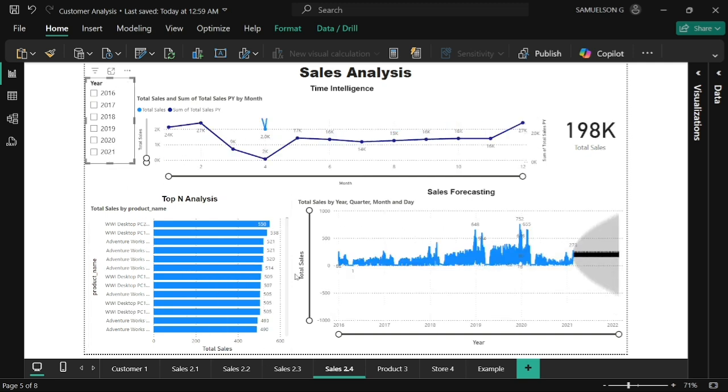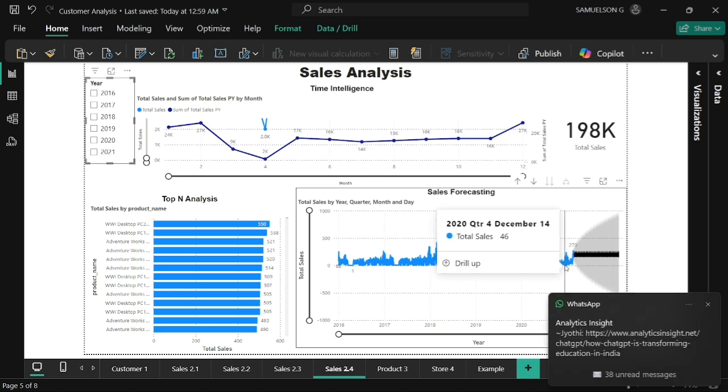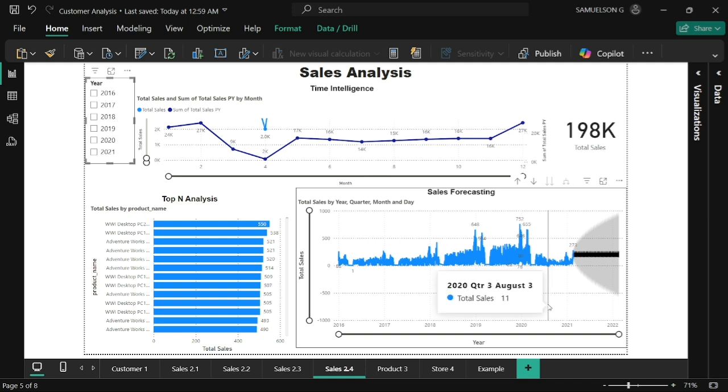This is sales forecasting. We will predict the future with this data. How we predict, let's see, total sales by year. Let's see, we get this from 2016 Jan to 2021. We have data up to 2021 February.